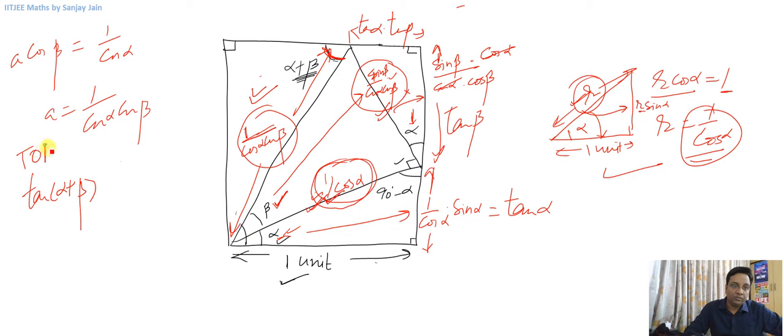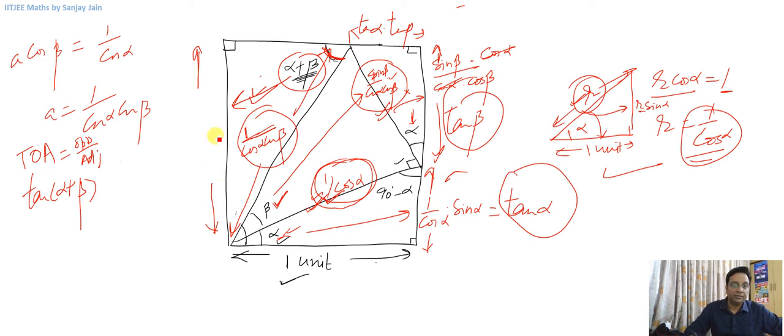I told you the mnemonic TOA, right? Opposite by adjacent. So when I'm talking about this angle here, what is the opposite side? It is this one, right? And what is the length of this side? Tan alpha plus tan beta, right? So this side here is tan alpha plus tan beta.